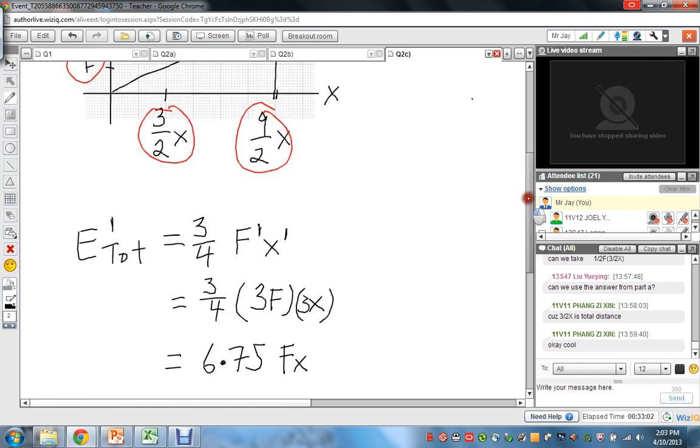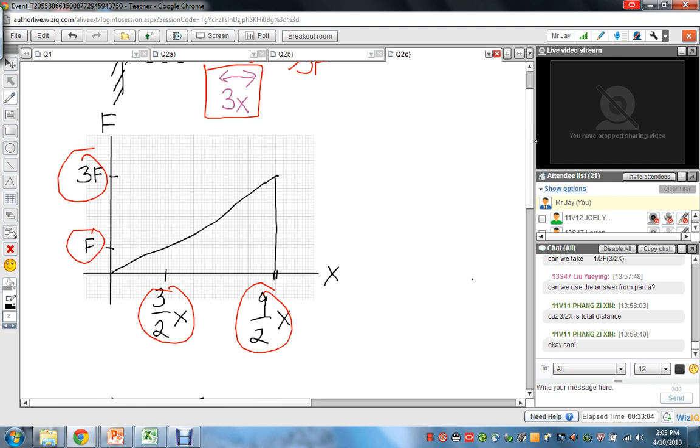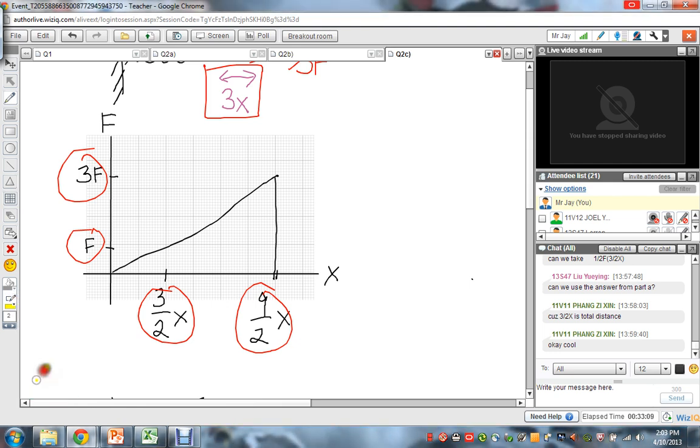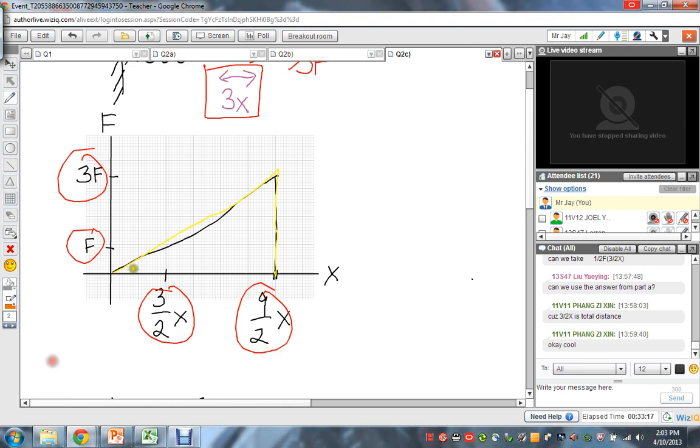Now, looking at the graph, how is it done then? Basically what I can do is take the area of this big triangle, which is half times 3F times 9 over 2x, minus the area of this small triangle.